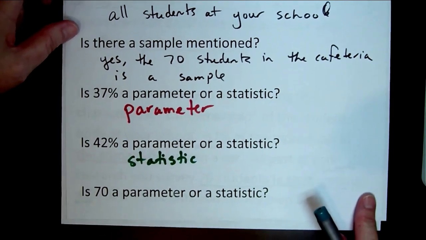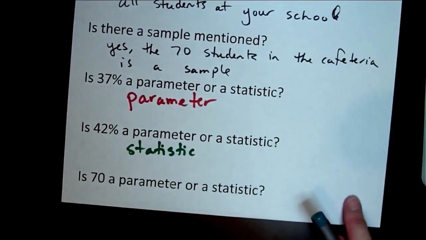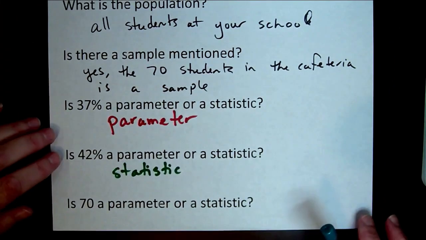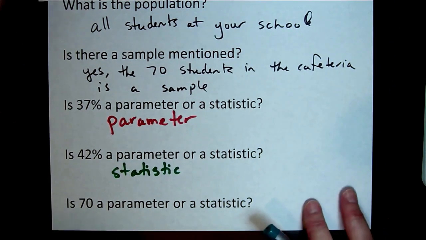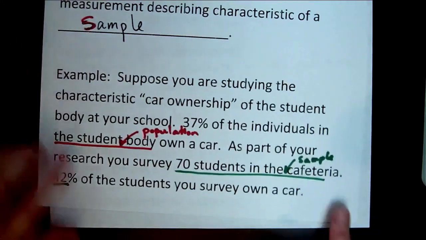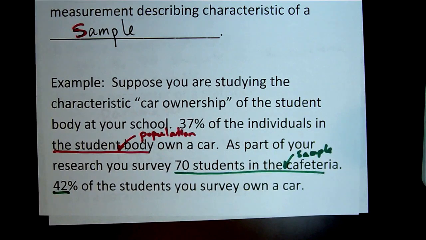Oh, and then let's think about that last number in the example, the 70. What's the 70? 70 students in the cafeteria. Now, at first blush, you might say, well, that's a statistic because it has to do with the sample. But notice it's not a number that's describing a characteristic.